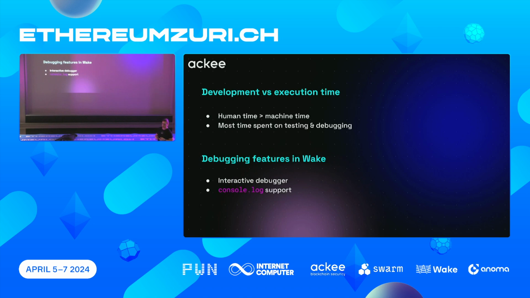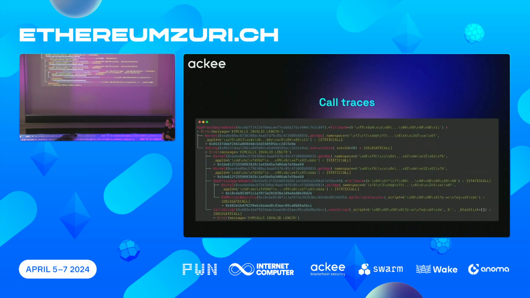There's the console log support, so anyone can just insert console logs into Solidity code, recompile the project, and then see those logs in the terminal, so anyone can debug even the Solidity code itself. And there are very, very nice code traces. I've got an example on the next slide, so let's move to the next slide. And this is an example of a code trace.